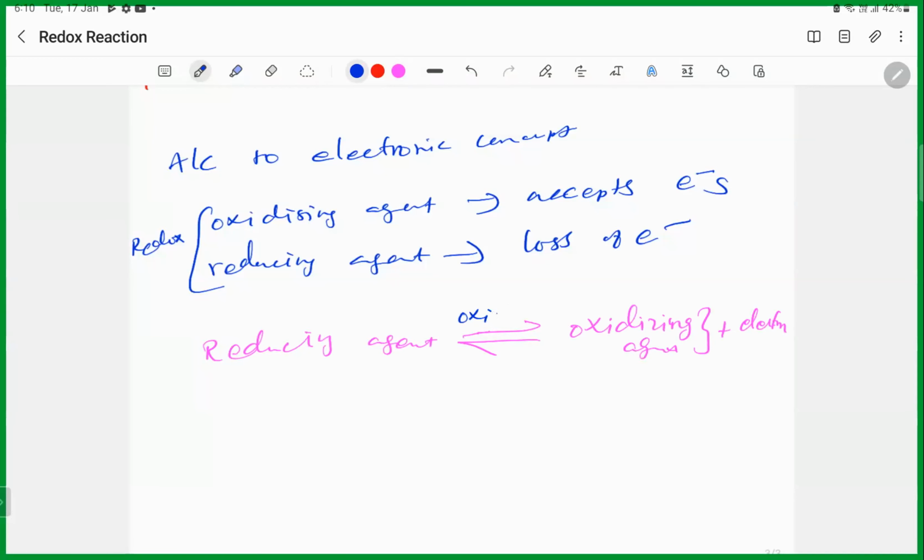That is known as oxidation. The oxidizing agent becoming the reducing agent is reduction. I told you, the oxidizing agent causes the oxidation, but it gets reduced. Same way, the oxidizing agent causes the oxidation, but it gets reduced.